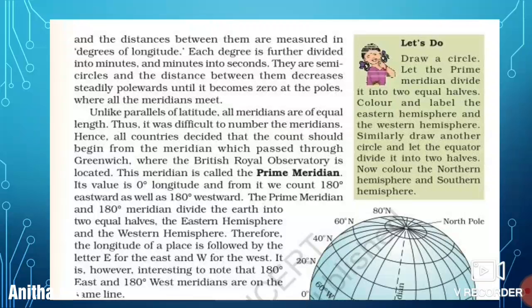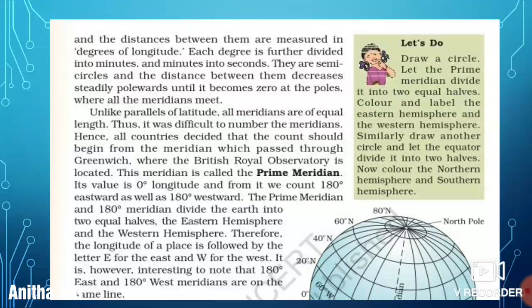From it we count 180 degree eastward and also 180 degree westward. The prime meridian and 180 degree meridian divide the earth into two equal halves like the latitudes.